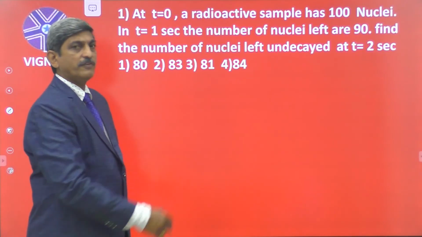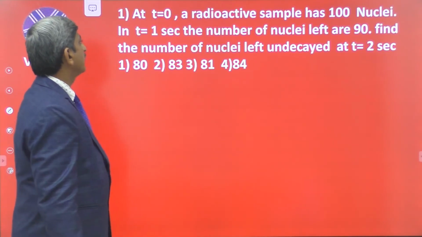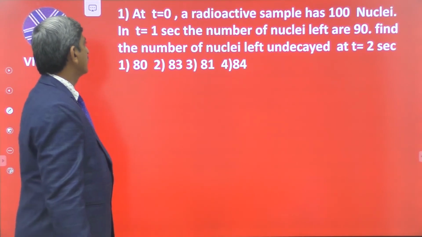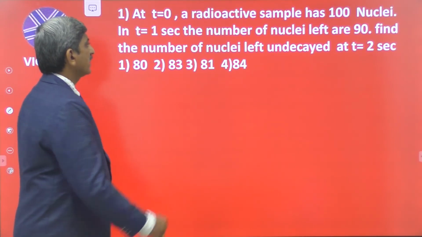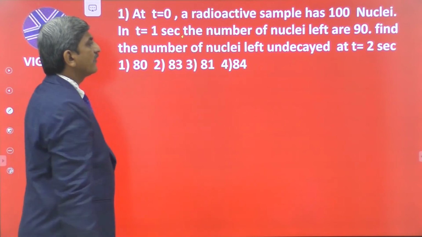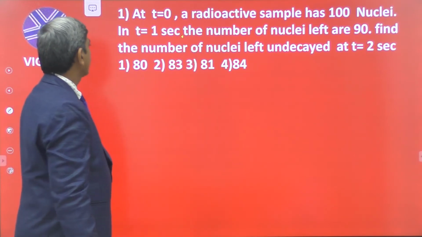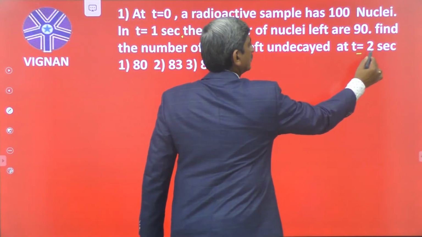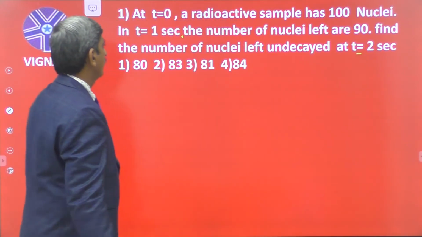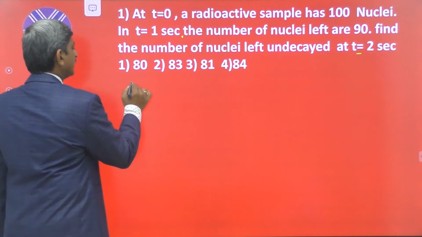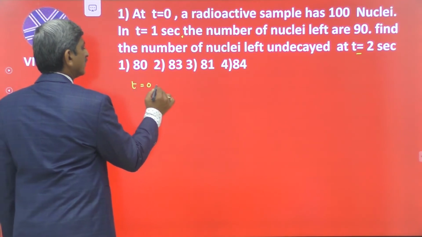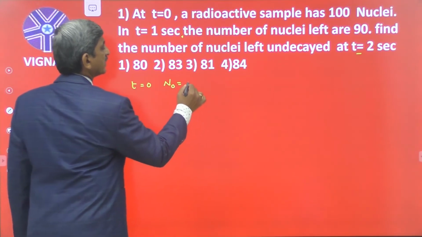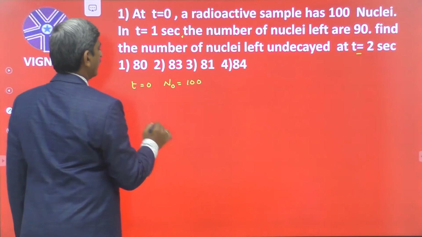Now, come to the first problem. At t is equal to 0, a radioactive sample has 100 nuclei. In t is equal to 1 second, the number of nuclei left is 90. Find the number of nuclei left undecayed at t is equal to 2 seconds. The given data is, at t is equal to 0, the total number of radioactive nuclei is 100.